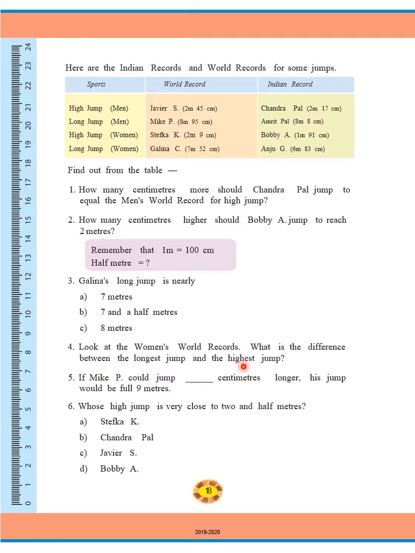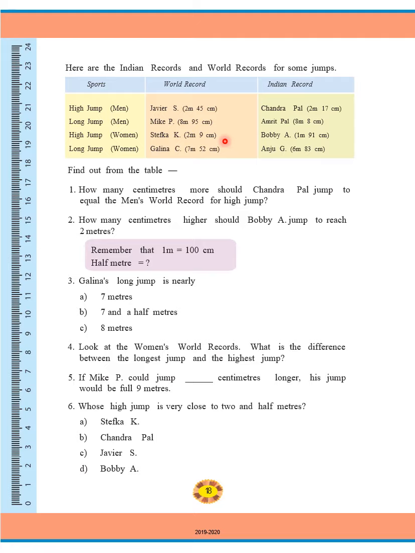Look at the women's world records. What is the difference between the longest jump and the highest jump? So we have to check the women's world records. Here, the longest jump in women's world record is 7 meter 52 centimeter, and the highest jump in women's world record is 2 meter 9 centimeter, and we have to find the difference.